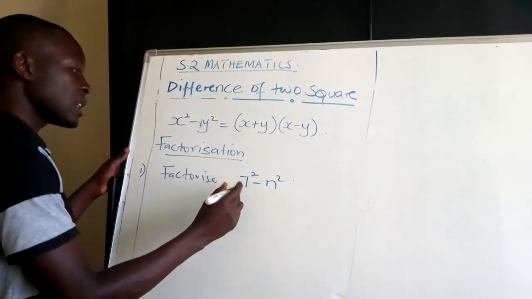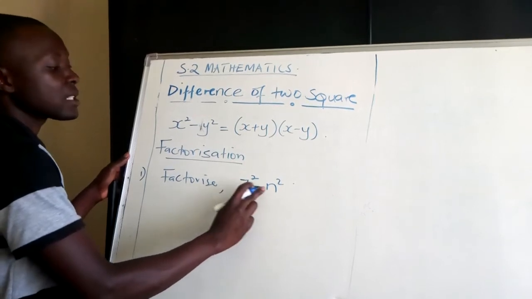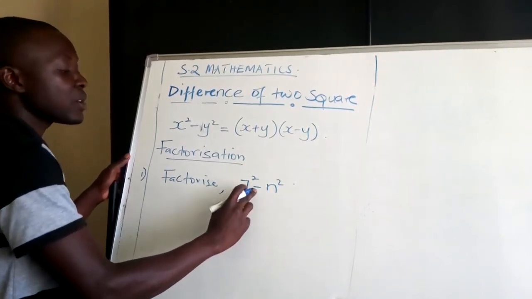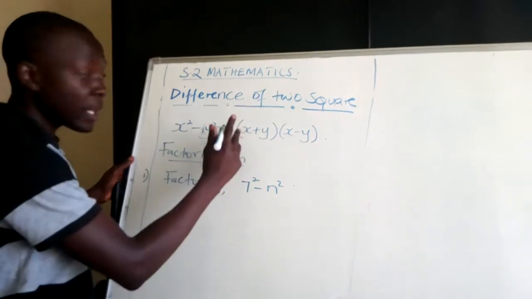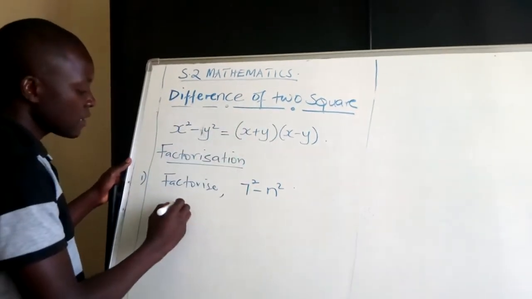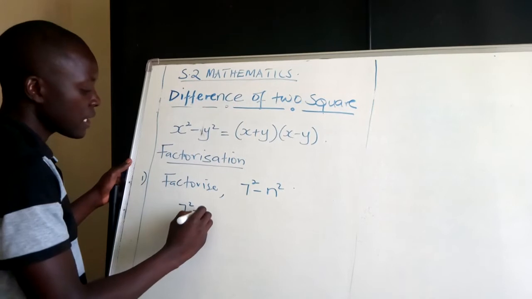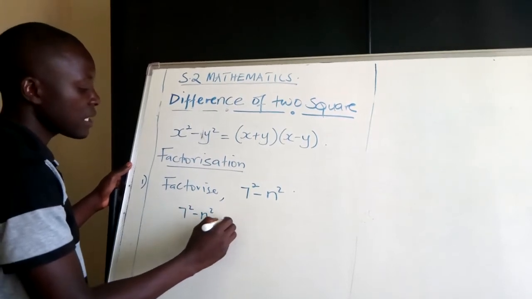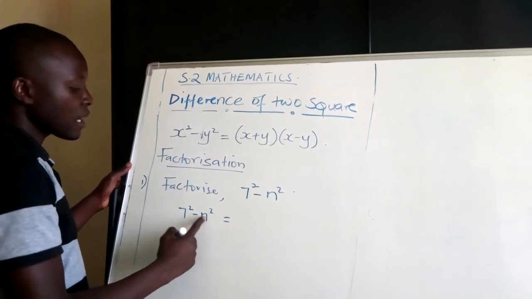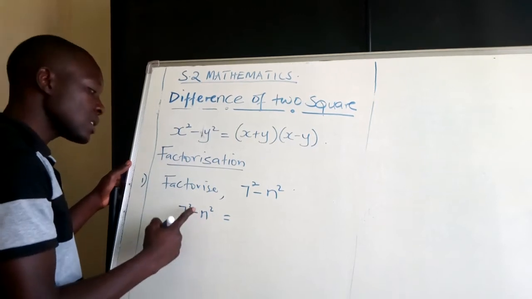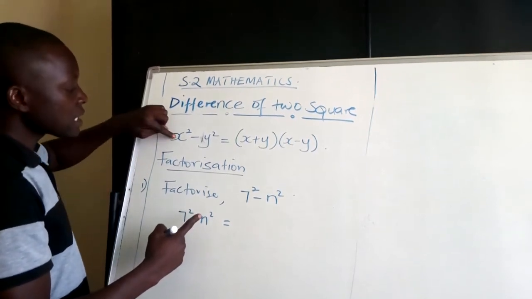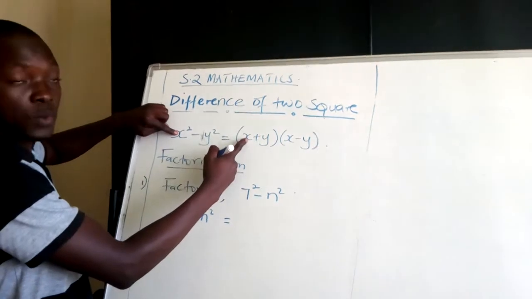But because the first term is squared and the second one is squared and the sign in the middle is subtraction, we shall apply this method and we say 7 squared minus n squared is the same as this difference of two squares. To use this, we look at the first term, but this time without the square.